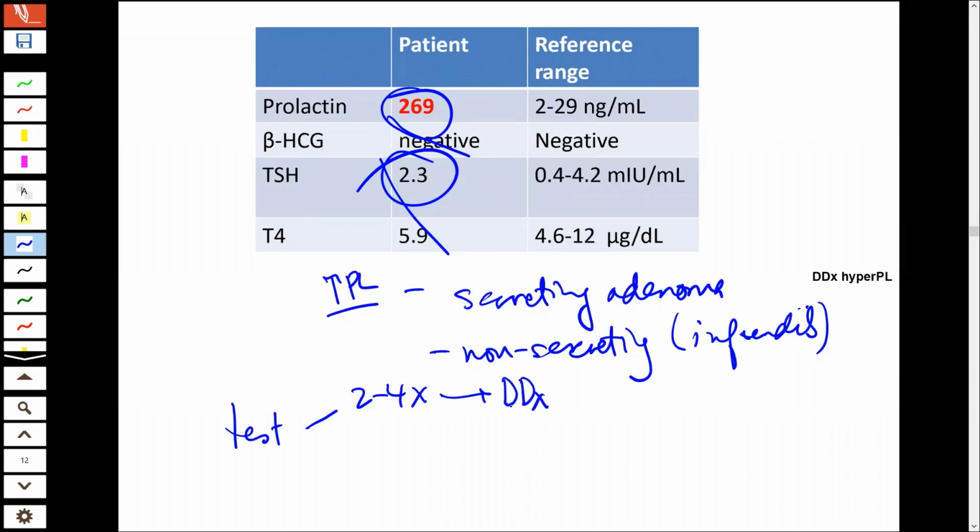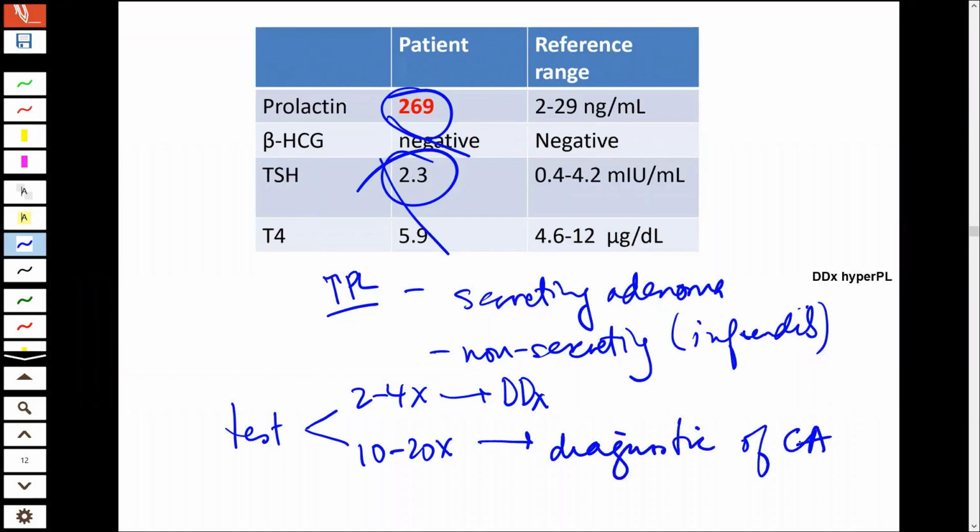You should be thoughtful when it's up, but anytime it's 10 to 20 times, that's good enough to be diagnostic of neoplasm. If I just had a little bump in prolactin, I would feel circumspect. But man, that's a doozy. That's 10 times up. That's going to be an adenoma. So if I had to bet, you're going to bet on that just because it's so high.